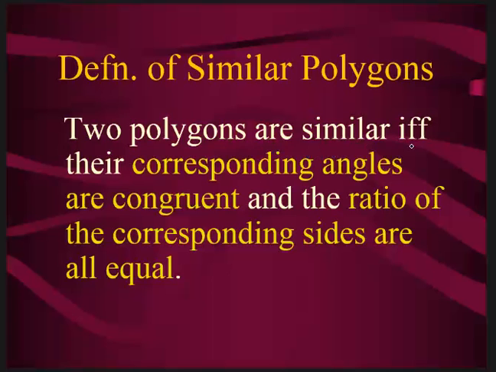They are similar if and only if their corresponding angles are congruent, so the angles have to be the same, and their sides have to be in the same ratio, and the ratio of the corresponding sides are equal. So if I create ratios out of my corresponding sides, they should all reduce down to the same number. If they don't, our polygons are not similar.